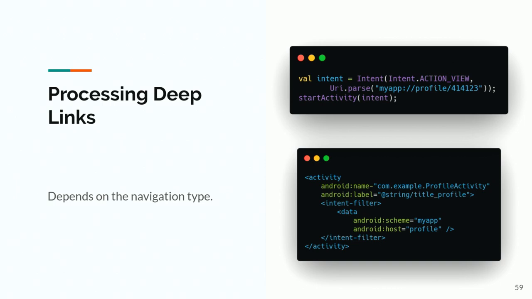If we have a single activity application, we need to execute fragment transactions. This means our host activity needs to define an intent filter and to be able to parse the deep link and somehow pass it on to someone that can execute it. The same thing happens if our app is relying on view compositions.